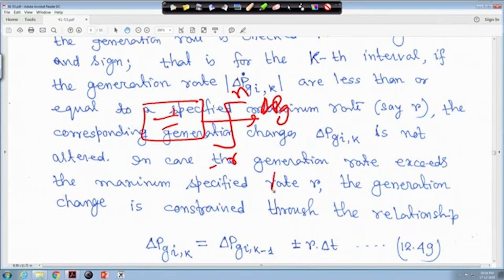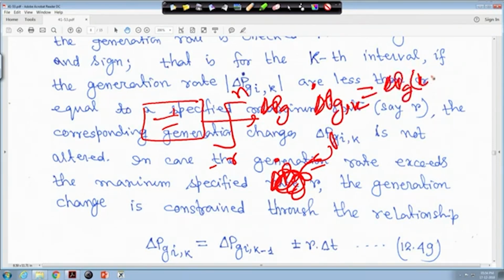How will we do that? First you find out delta Pg dot. Suppose delta Pg k dot is equal to delta Pg k plus 1 minus delta Pg k, divided by delta t.